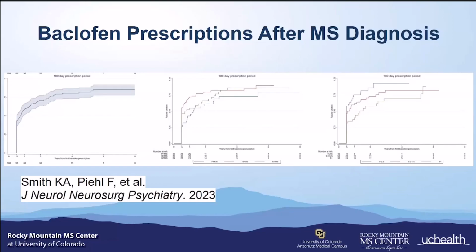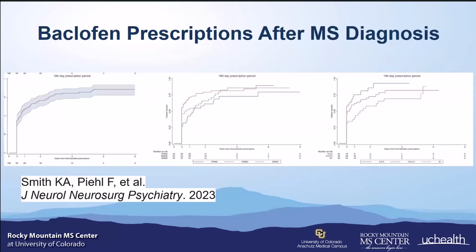And what they found when they looked at people over time, and they did this observation for about 10 years, was that in most cases, people stopped taking the baclofen after a certain period of time. So this graph that you're seeing here is looking at it over a 180-day span. The one on the left is all comers, and then they've broken it down by what type of MS: relapsing, primary progressive, secondary progressive.